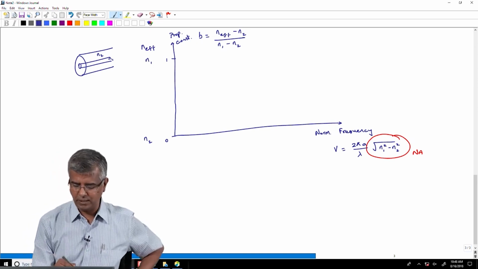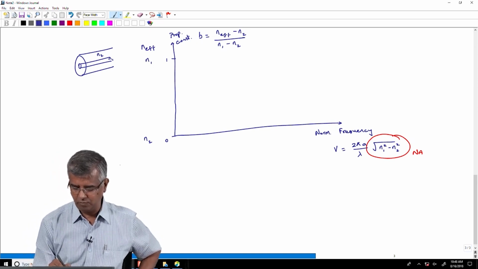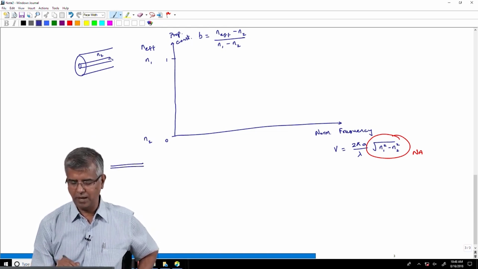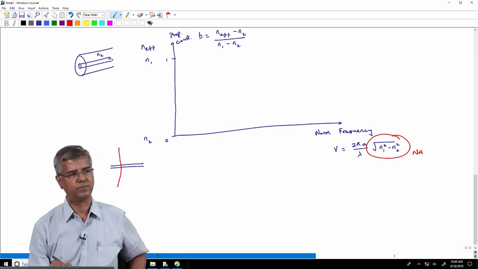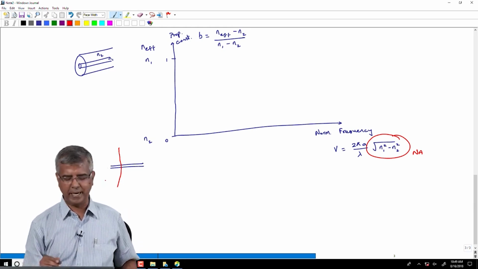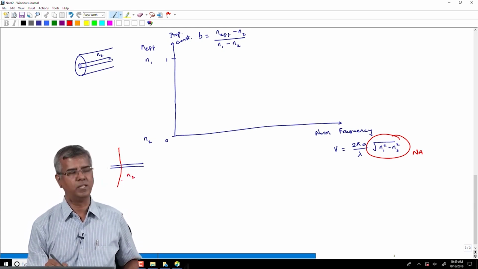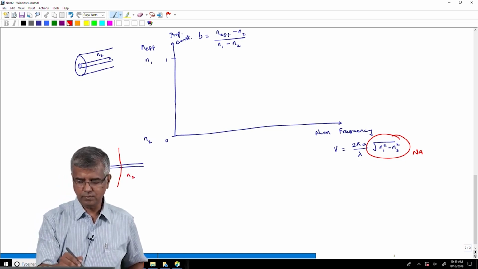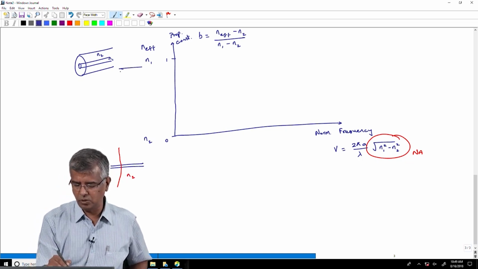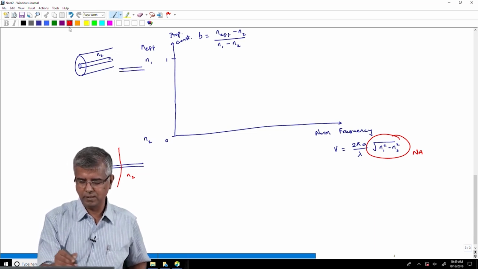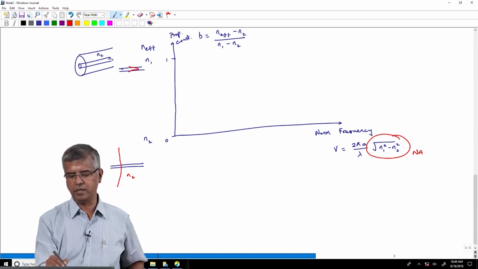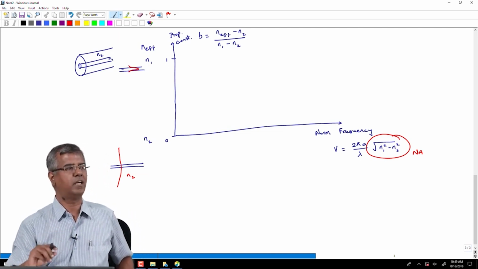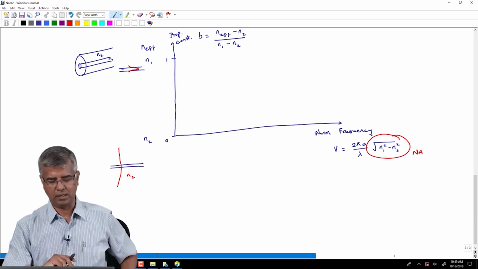So what does this represent? This represents a condition where you have a waveguide like this with a core like this, but your wave is like this. So it is primarily propagating with a refractive index N2, whereas this condition corresponds to, if you have a waveguide like this, this condition corresponds to the fact that all your electromagnetic energy is well confined within this waveguide.